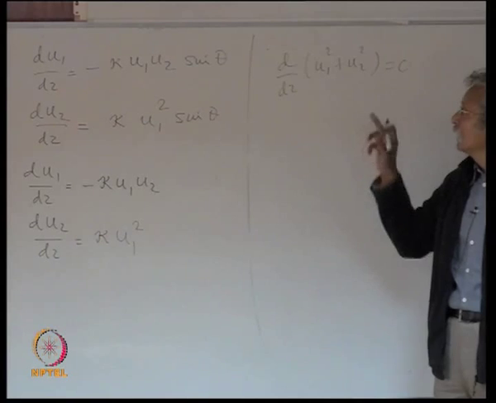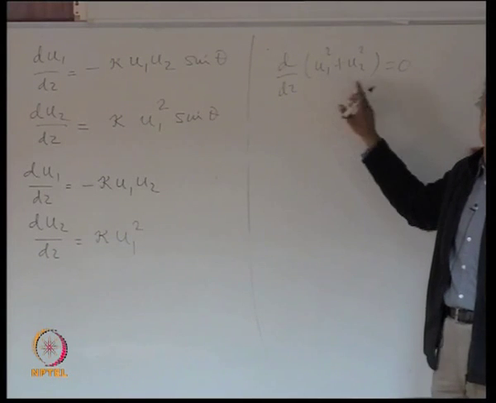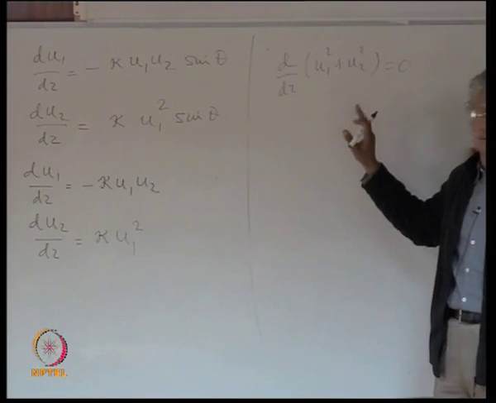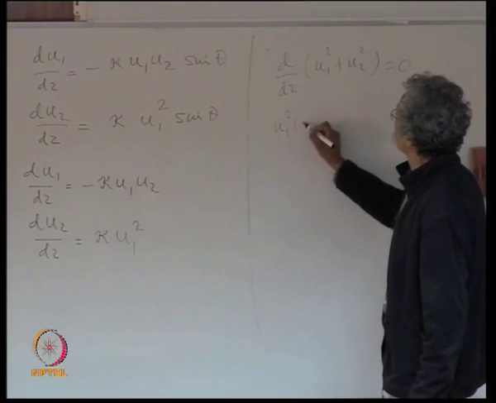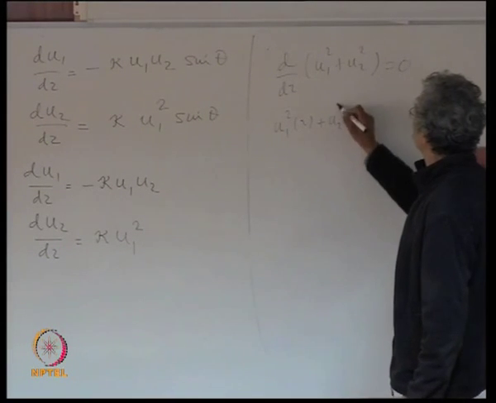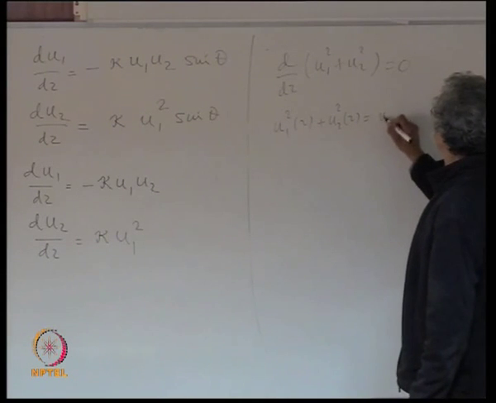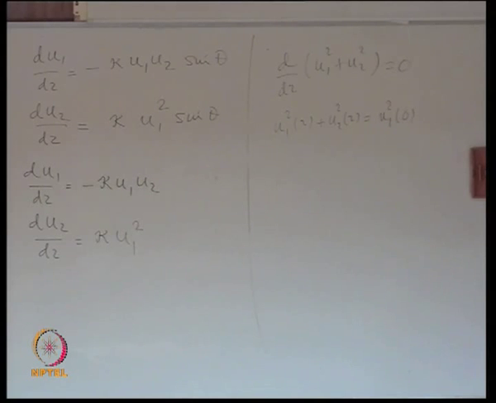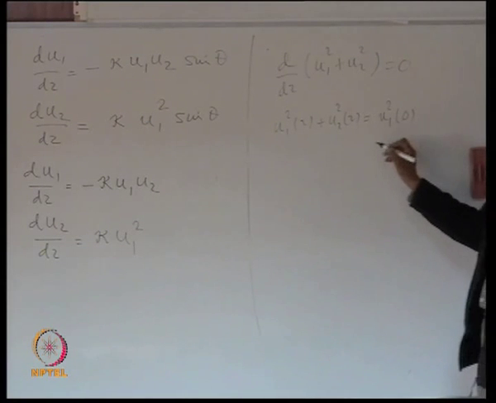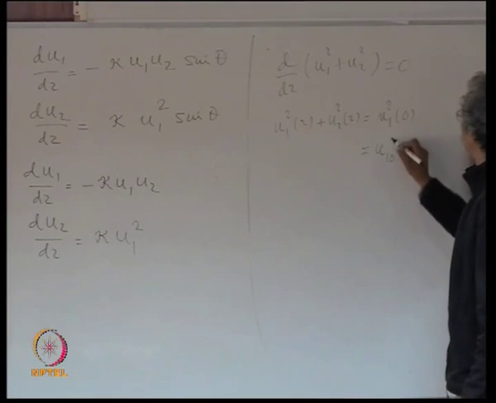Because n1 is equal to n2, it simply becomes e1 square plus e2 square, or u1 square plus u2 square. So this implies u1 square of z plus u2 square of z must be equal to u1 square of 0, because at z is equal to 0 there is no second harmonic incident. I am assuming that in the crystal there is only the fundamental wave incident. So let me call this u1 0.